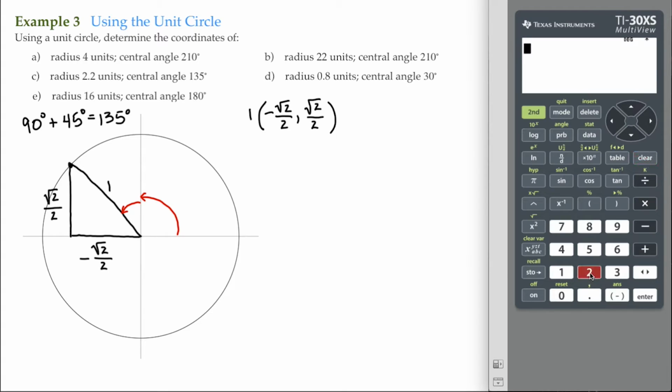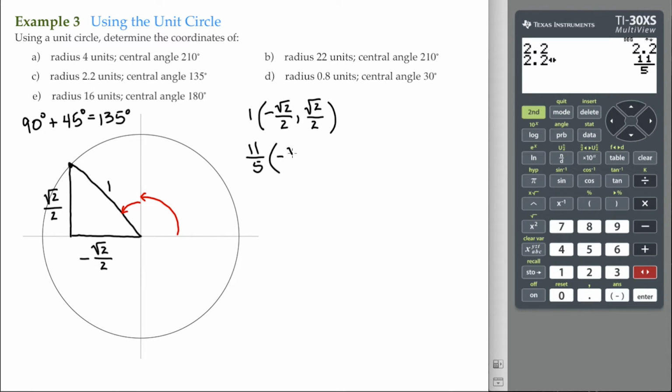We can type in 2.2, hit enter, and then I have these double arrows here, and that's 11/5. So I'm going to use this as a multiple of 11/5. Negative root 2 over 2 and root 2 over 2.